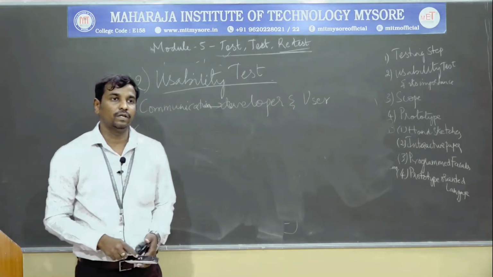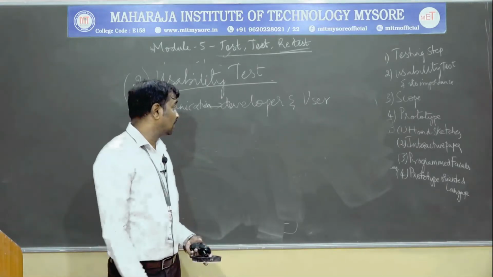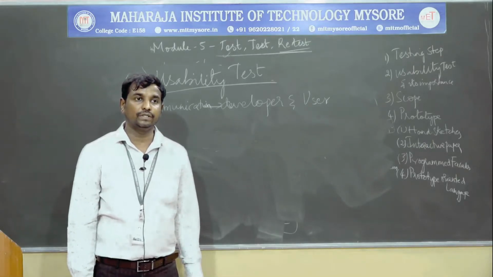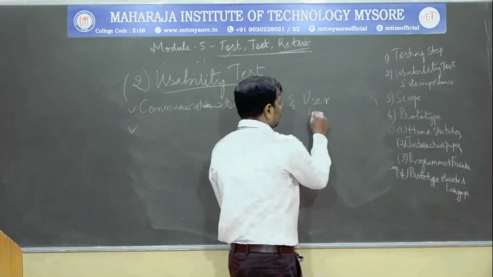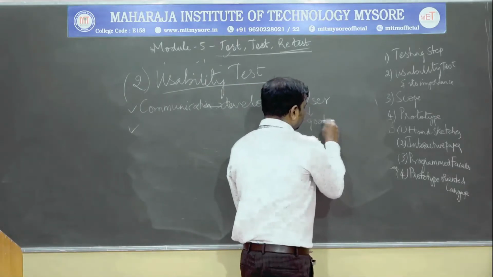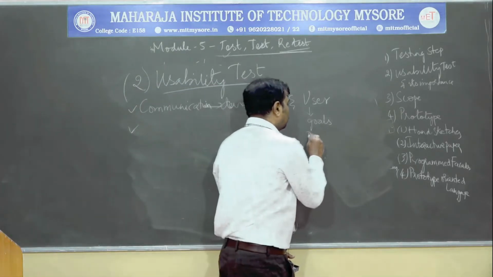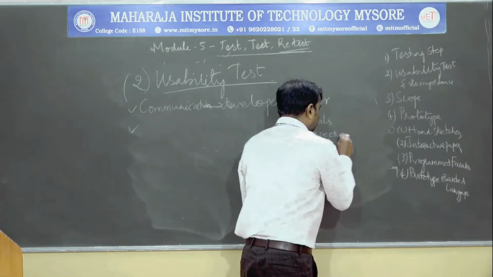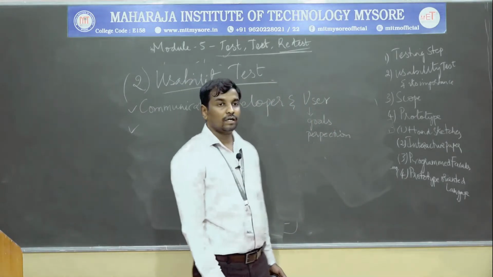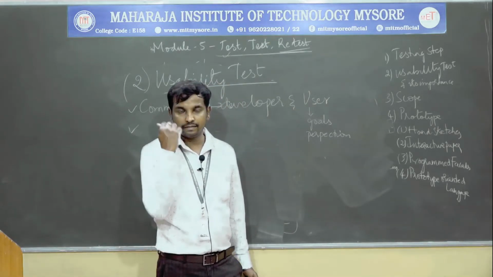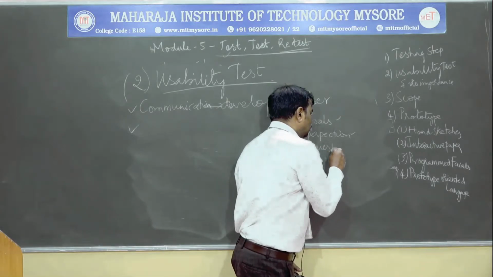The second objective is that while developing communication between the developer and the users, the developer is learning the users' goals and also learning the perceptions of the users, through questioning them.